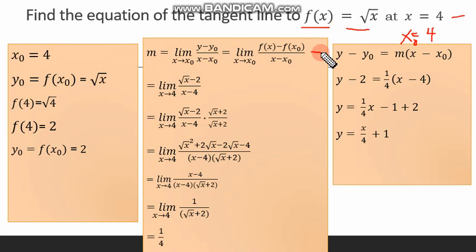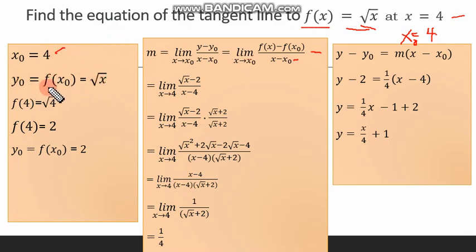So the limit of f of x minus the f of x sub 0, which is unknown at this point, over x minus x sub 0, where x sub 0 is equal to 4, as x approaches 4.